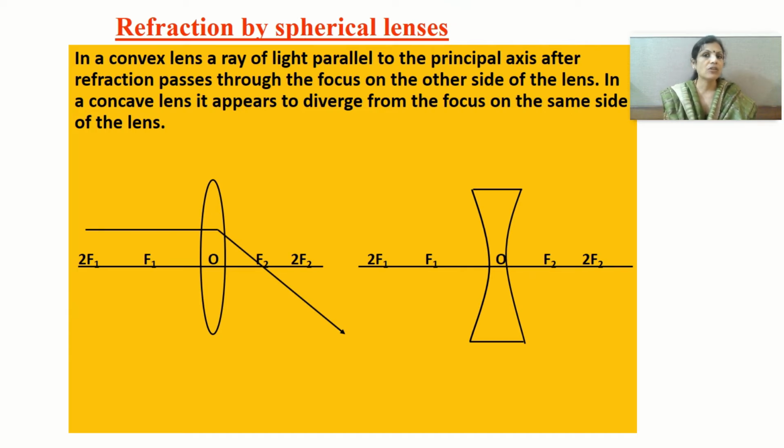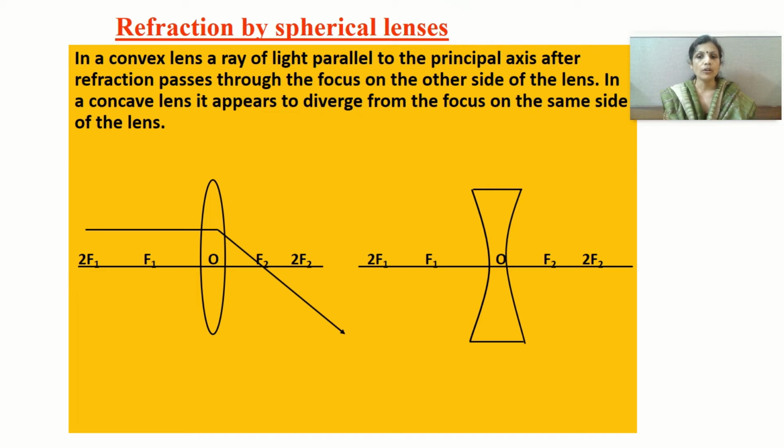If you can see there on the principal axis, first focus F1 is to the left side, second focus to the right side. 2F2 is double the length of F1 and F2. So 2F2 and 2F1 can be center of curvature also.